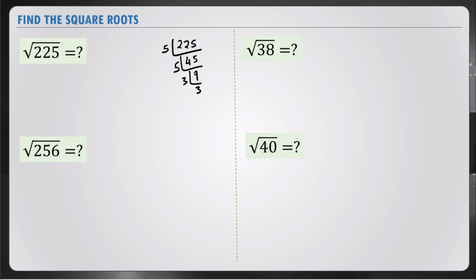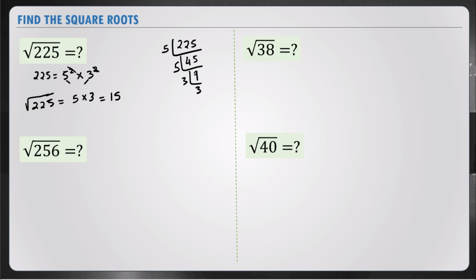So 225 is actually equal to 5 squared times 3 squared. And when you have them in pairs like this, it'll be so much easier to find the square root. The square root of 225 will be equal to 5 into 3, which is 15, because the square will cancel out with the 2, because we're actually dividing this by 2 because this is a square root.